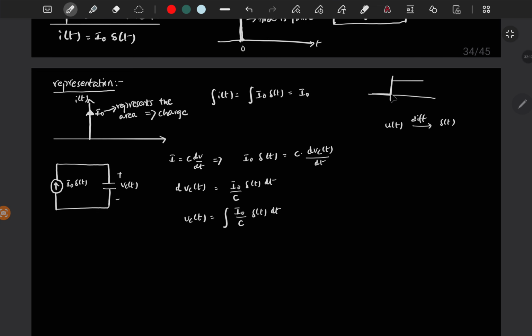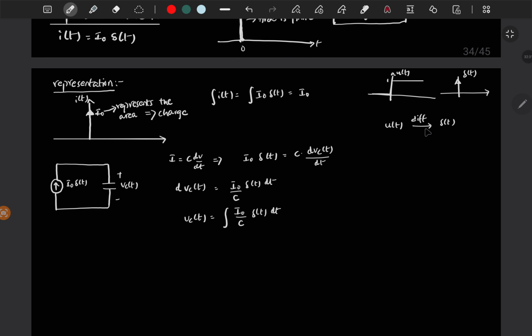So within no time, it is going from 0 to 1, which means you will get one impulse at t is equal to 0. So that's why this is U of t, this is del of t.